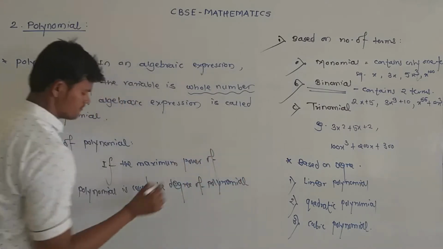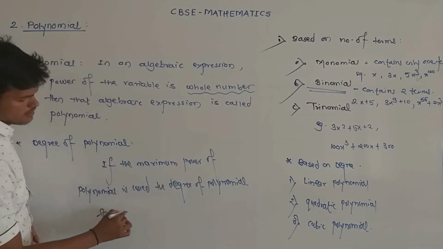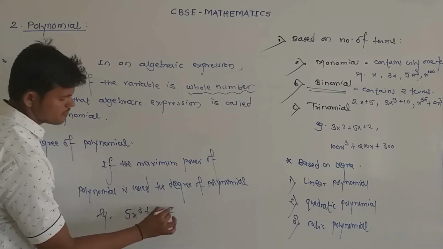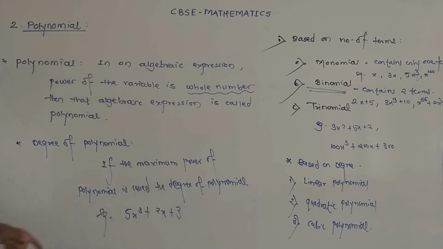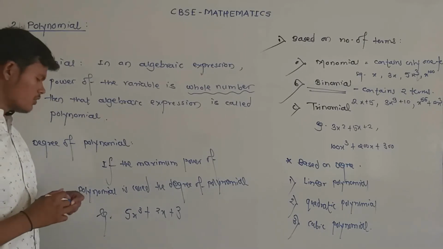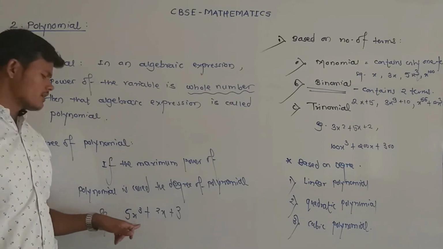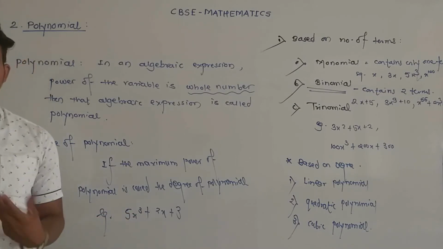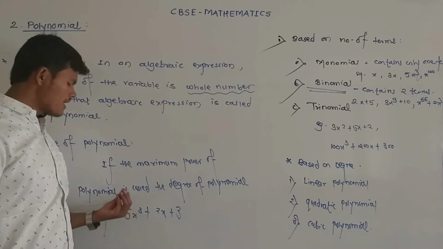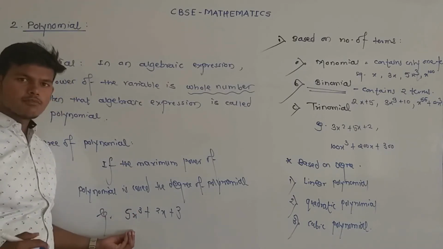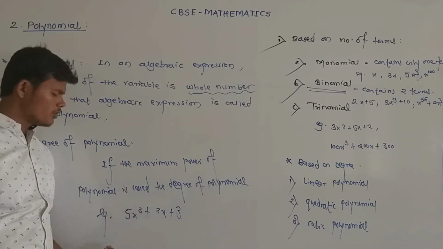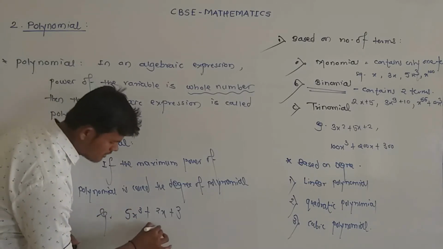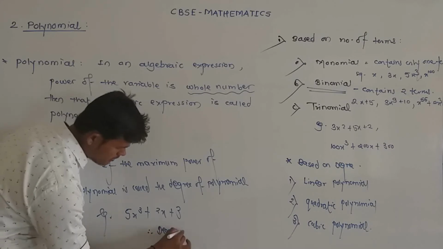For example, 5x raised to 3 plus 2x plus 3. 5x cube plus 2x plus 3 is a polynomial because both the variable contains positive powers. Now, how to decide its degree? To decide the degree, take the maximum power or the maximum index of a given polynomial. So here, maximum power is 3. So degree of given polynomial is 3.